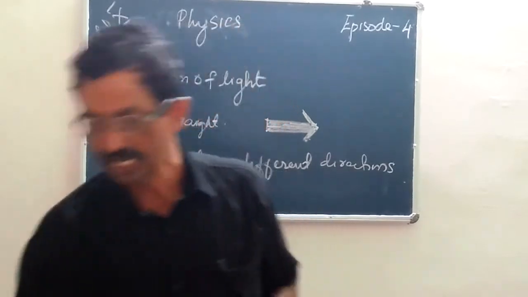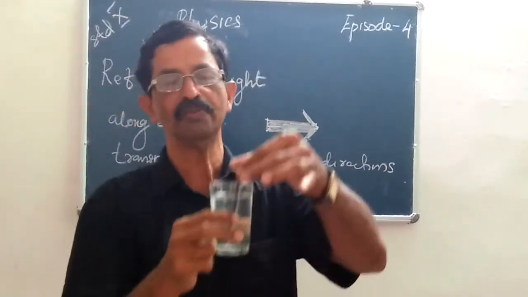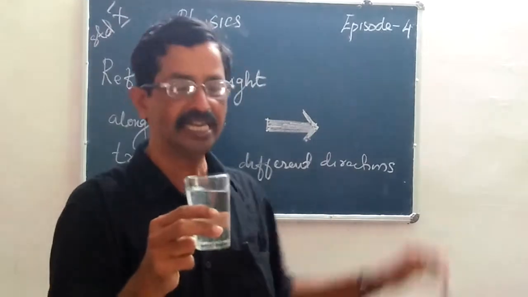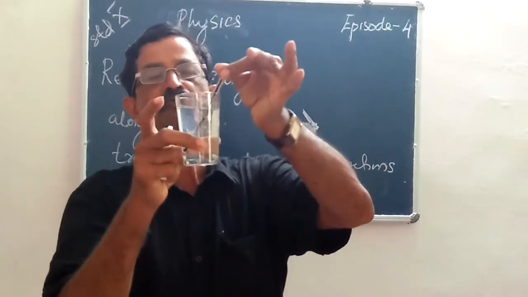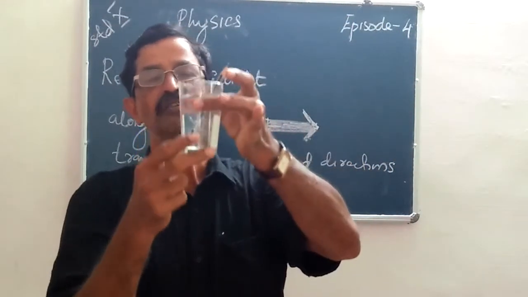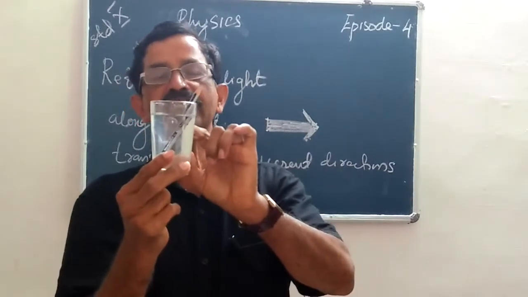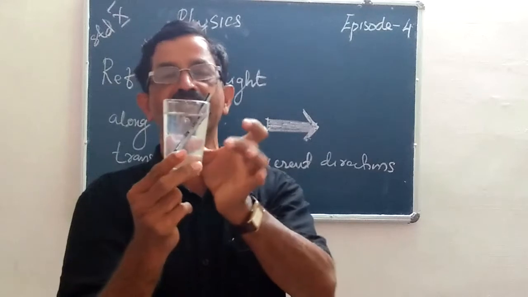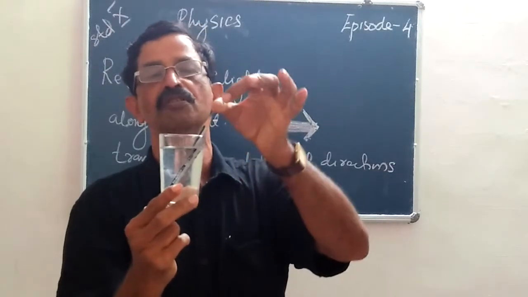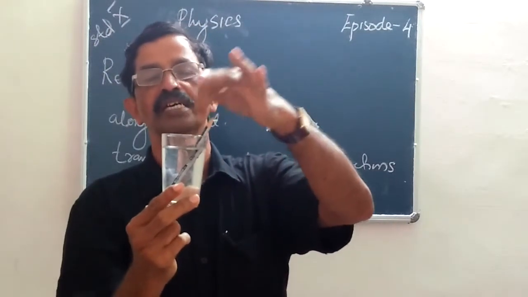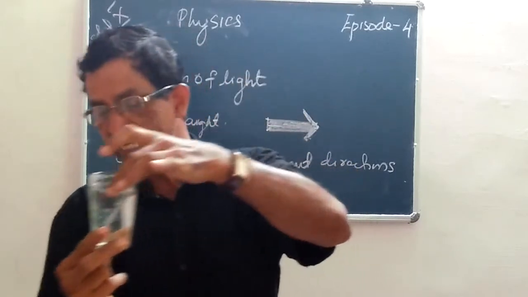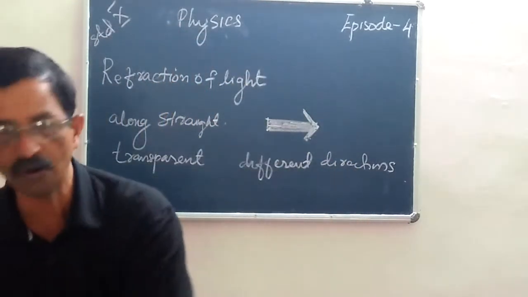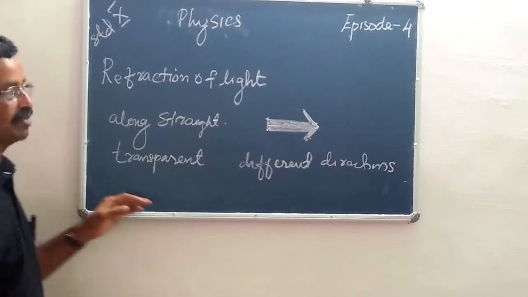Here the pencil is in two media: one is air and the second is water. When we observe this, light appears to come from different directions compared with the pencil in air. This is the reason for the deviation.